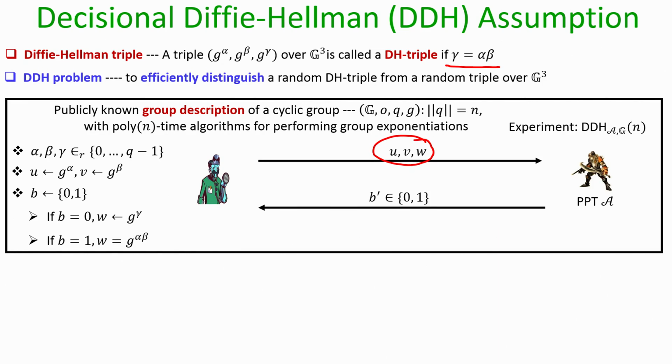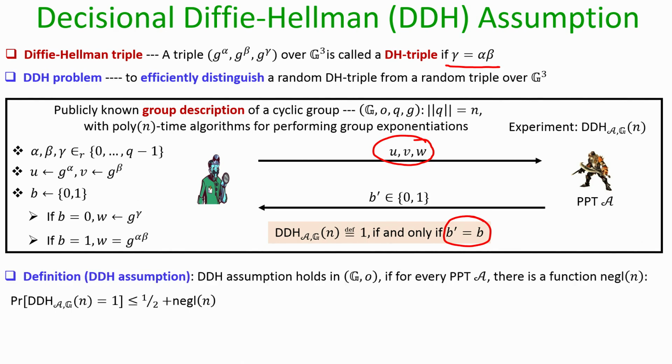So the adversary submits its response, namely it outputs a bit b dash, and the rule of the experiment is that the output of the experiment is 1, that is the adversary has won, if and only if the adversary has correctly identified b, that is b dash equal to b.